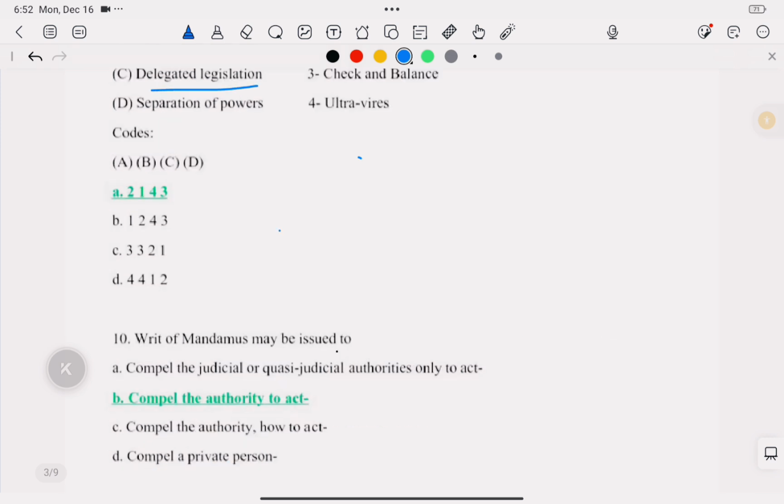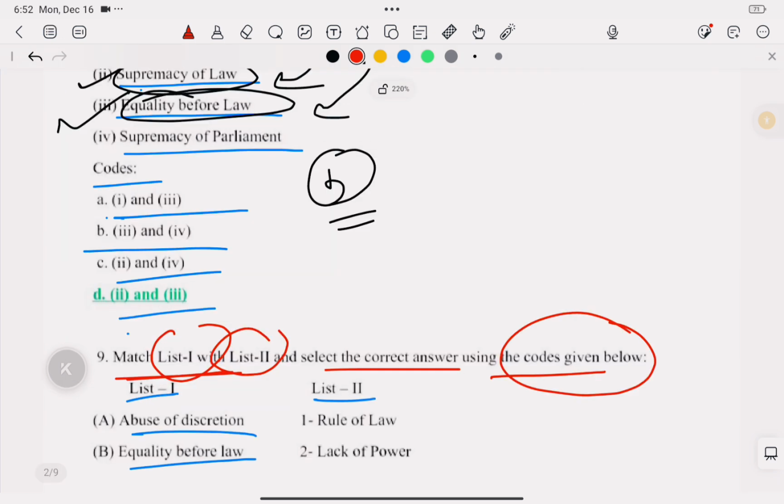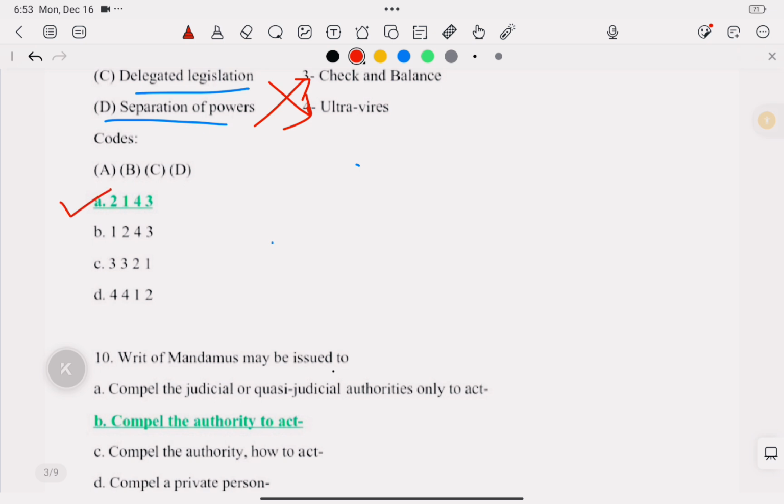C, delegated legislation, and D, separation of power. Delegated legislation would be ultra vires, and separation of power would be check and balance. Abuse of discretion would be lack of power, and equality before law would be rule of law. So that option would be option A.